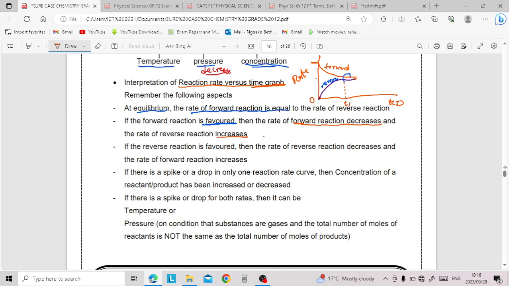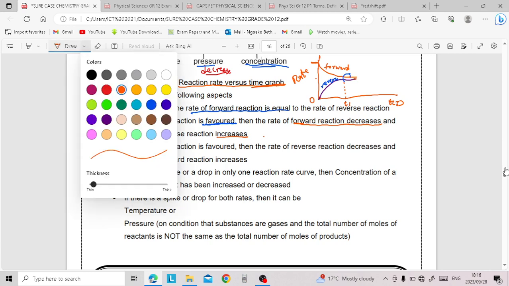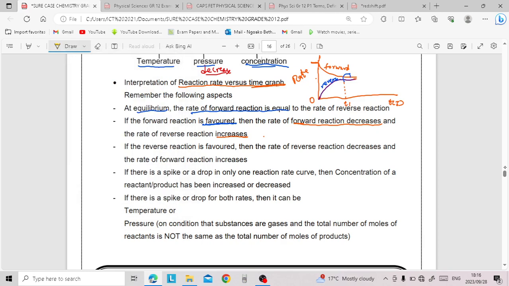Let's interpret this statement, but we must know which factor. If this one is favored, the rate of the forward direction must decrease. It will run from a high rate and then come down like this to reach a new equilibrium.